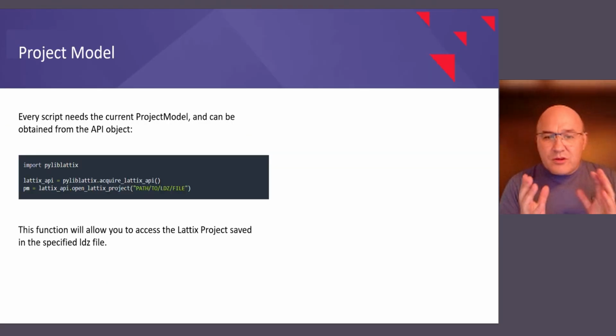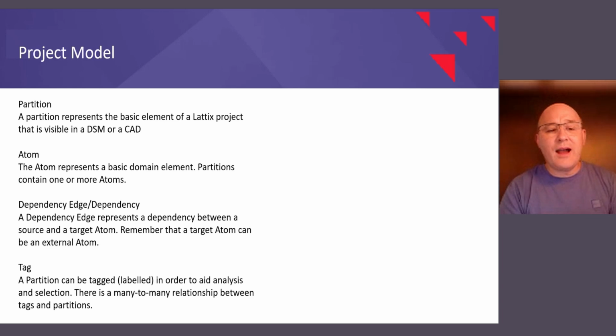Okay, so just to recap, we have the project model. This function will allow you to access the Lattix project saved in the specified LDZ file. And then the project model has a partition representing the basic element of a Lattix project visible in the DSM cell. The atom is representing a basic domain element containing one or more atoms.